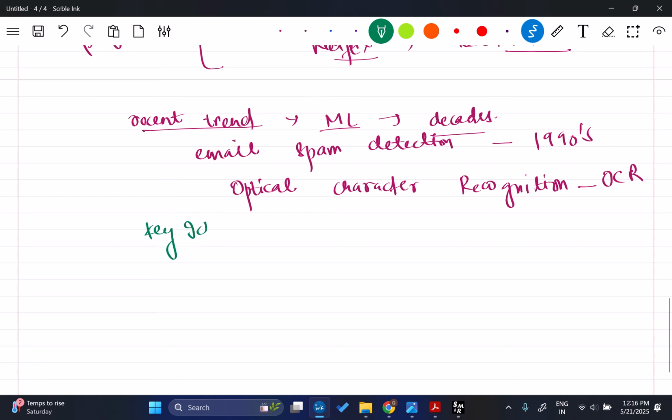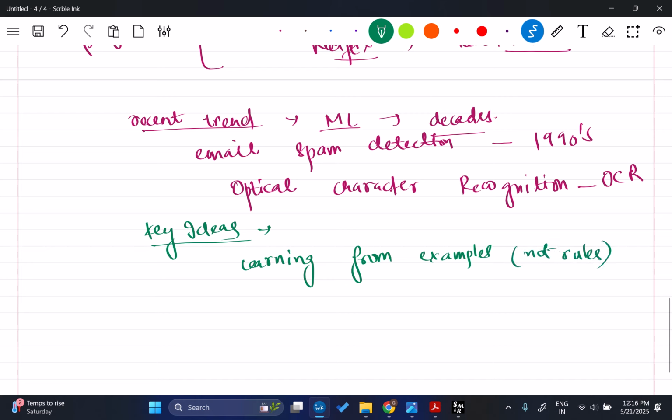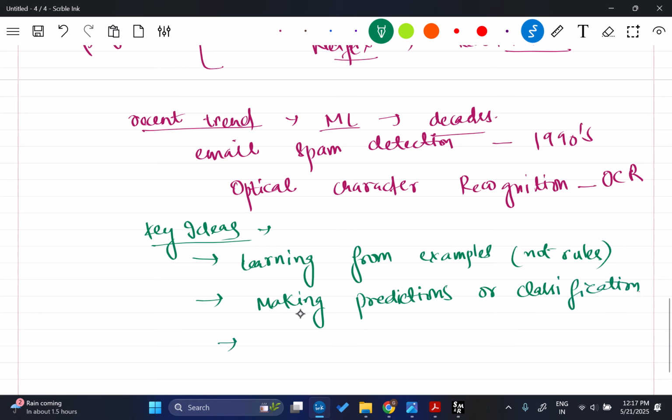The key ideas which we have discussed till now are: learning from examples, not rules, that is the basic pillar of machine learning; making predictions or some kind of classifications, depending on what kind of application you have; and making your application adapt to new information.